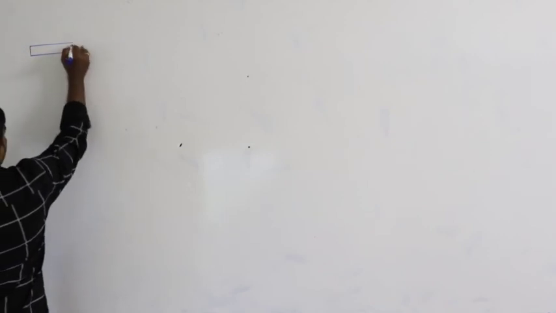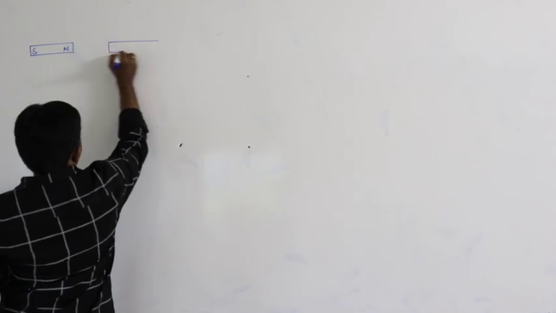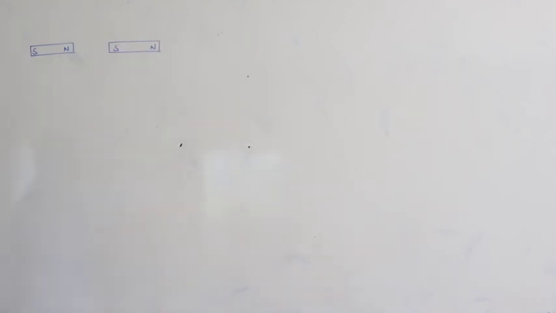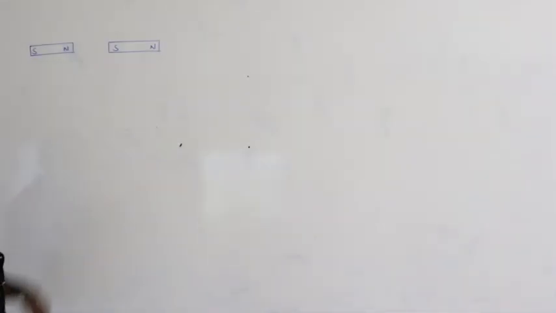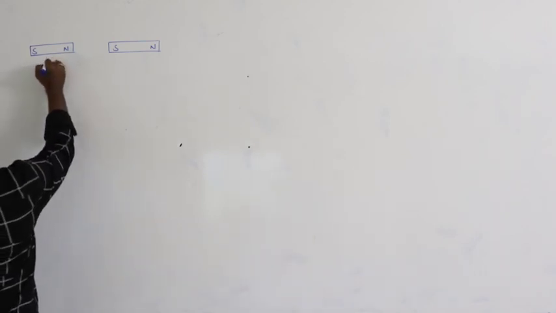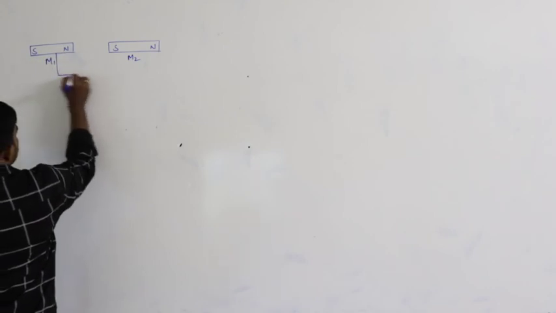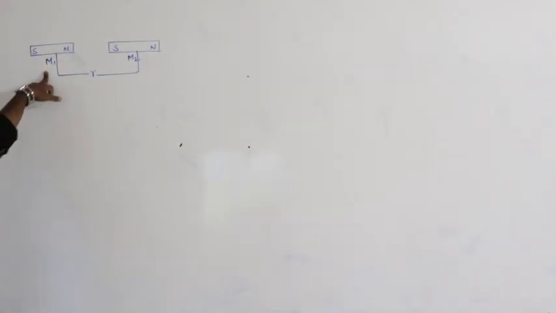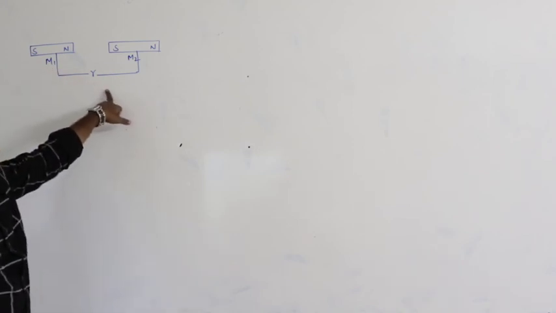If the two magnets are arranged along their axial points, south north, let us say the magnetic moment of one is m1 and the other is m2, and the distance between the two centers is r.